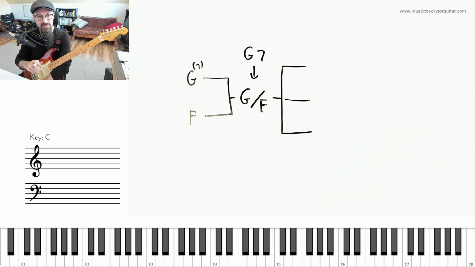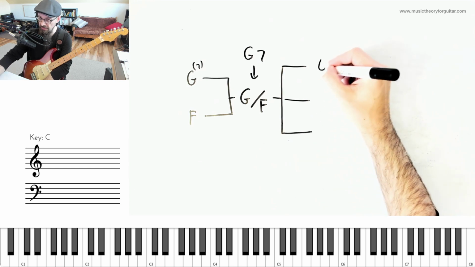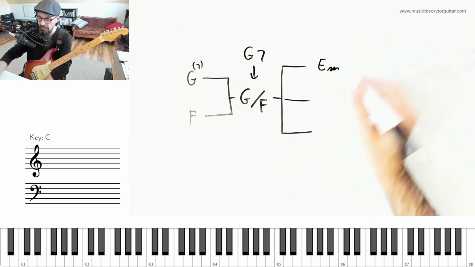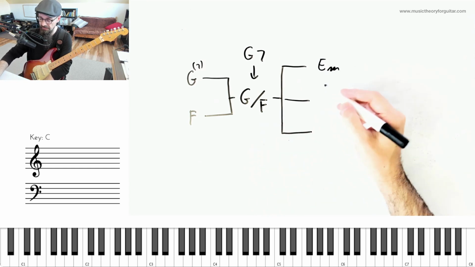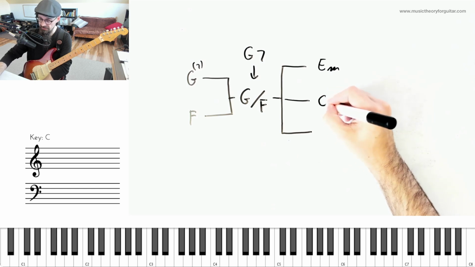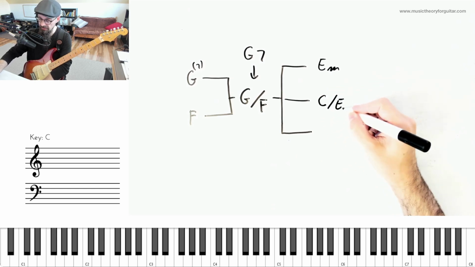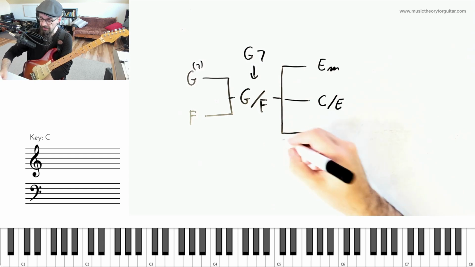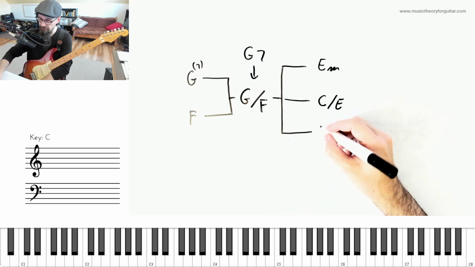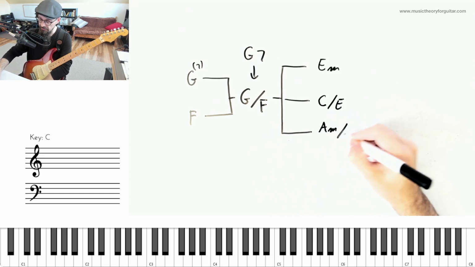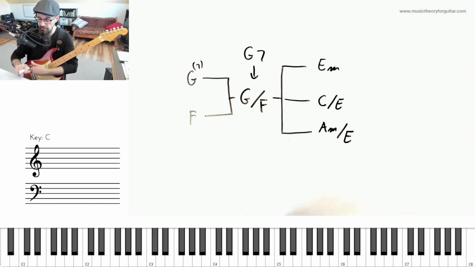You could have the chord in the key of C where E is the root, which is E minor. Or you can have the chord in the key of C where E is the third, which is C, and again I'm going to put the E in the bass. And I can have the chord in the key of C where E is the fifth, which is A minor, and again I'm going to put the bass of E.